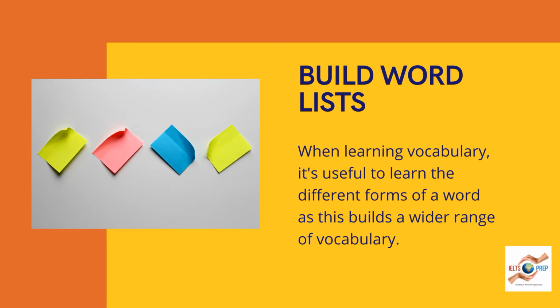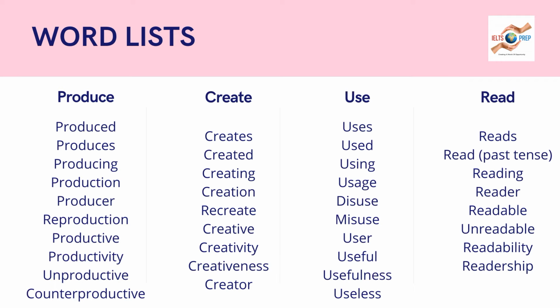Try and get those different word forms to help build your range of vocabulary. And as you can see from these lists, we've got a lot of different options from one single word. So produce, you can use produced, produces, producing, production, producer, reproduction, productive, productivity, unproductive, even counterproductive.